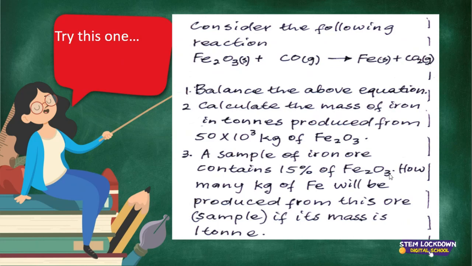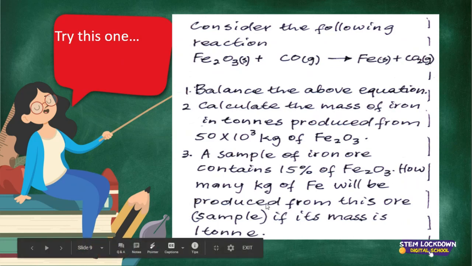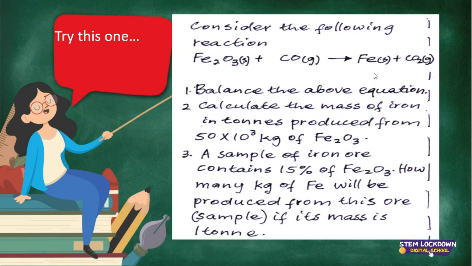How many kilograms of iron will be produced from this ore sample if the mass of the ore is 1 ton? Remember, 1 ton equals 1,000 kilograms.